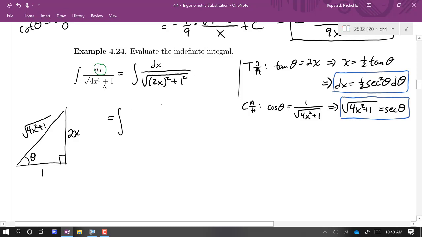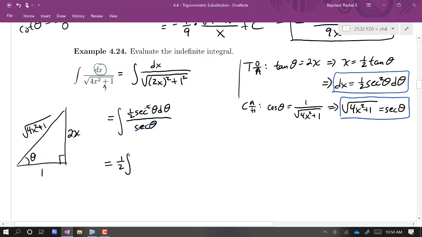On top we have dx, that is 1/2 secant squared theta d theta. On the bottom we have the radical, that is secant theta. We're going to pull out that factor of 1/2. Reduce this. We could cancel one of the factors of secant.